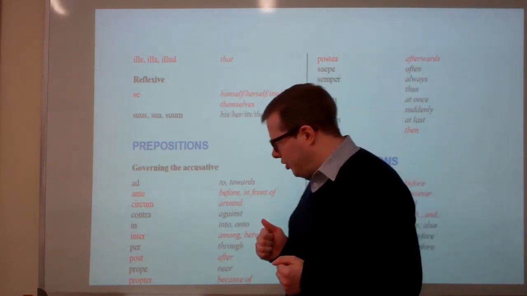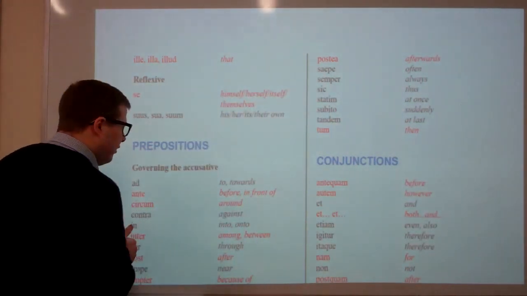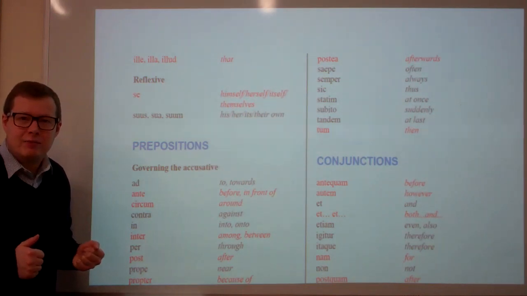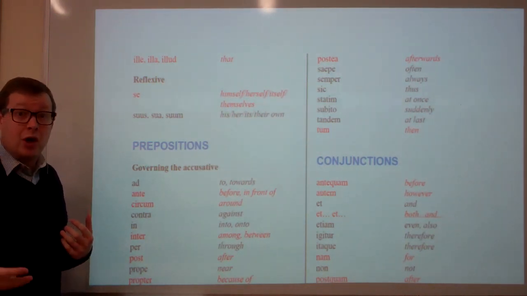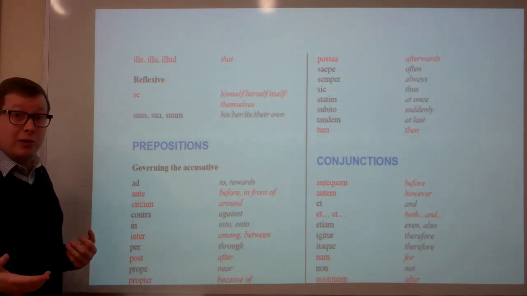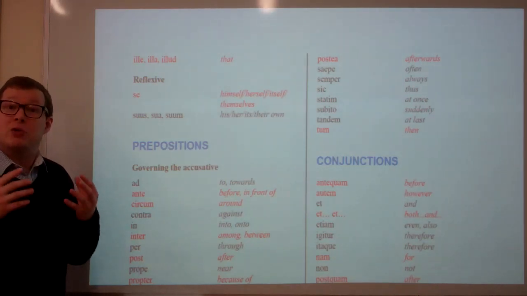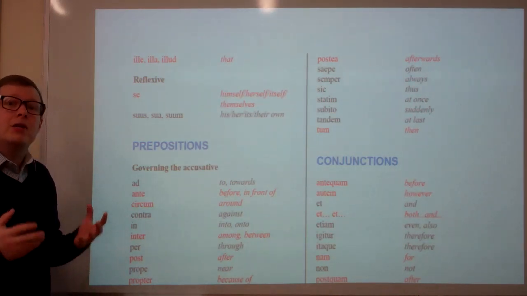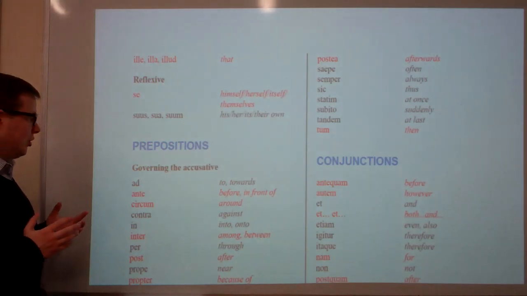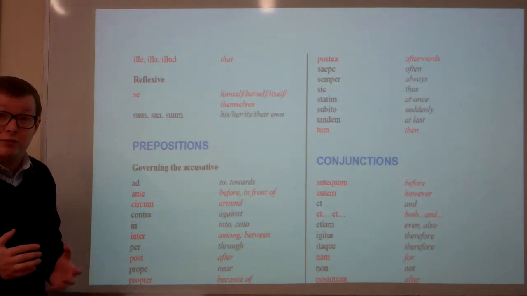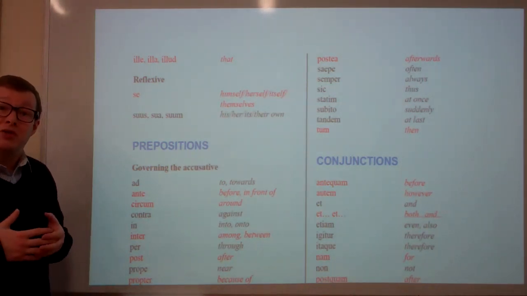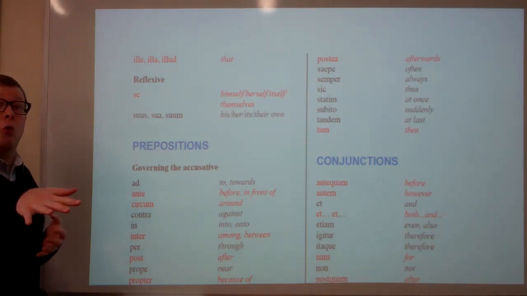Now, Latin prepositions have to govern a particular case. That means that whatever noun comes after them, like the poet in my example a moment ago, has to go into a particular case. The vast majority of Latin prepositions govern the accusative, including all prepositions that are to do with motion towards.